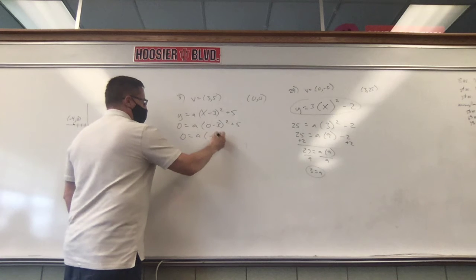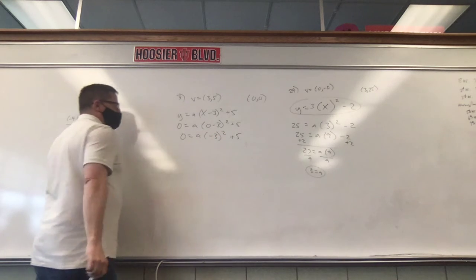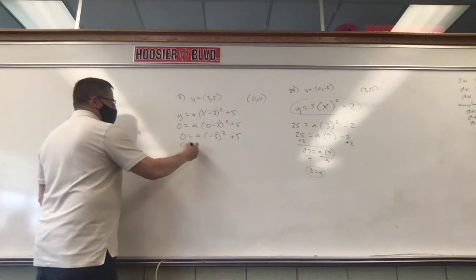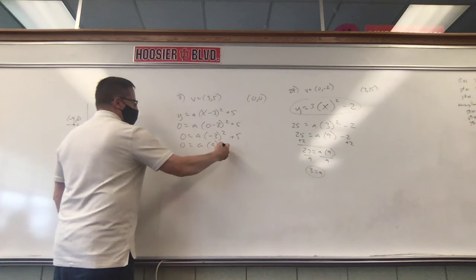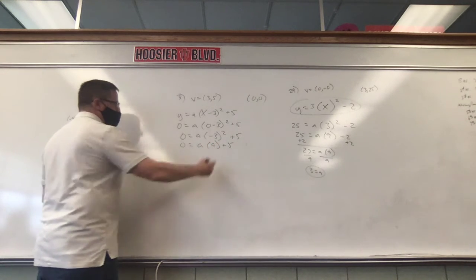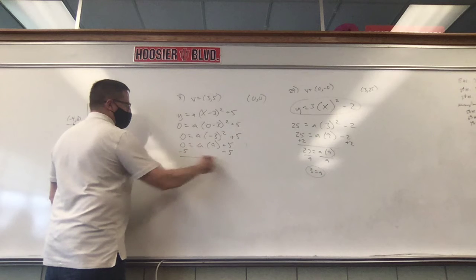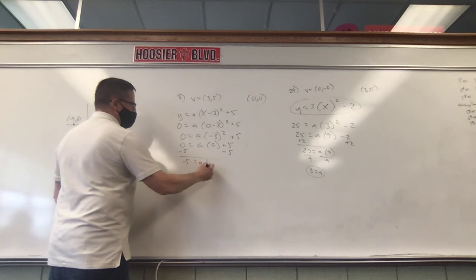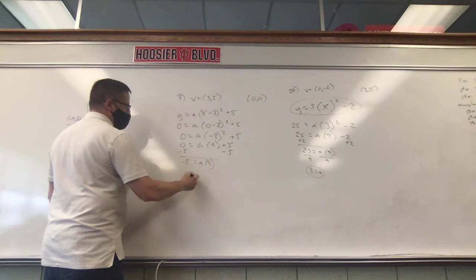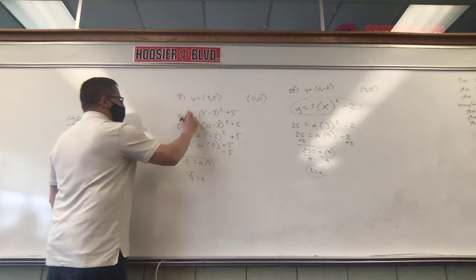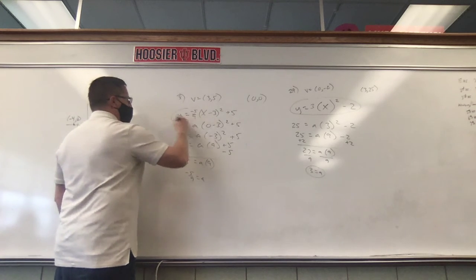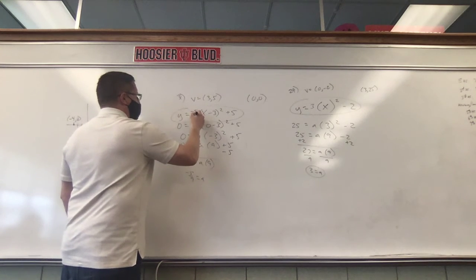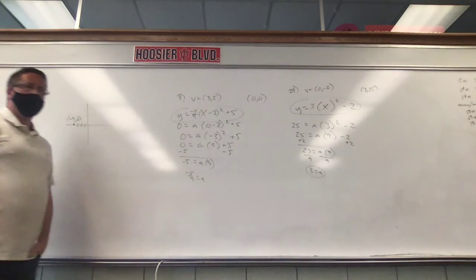A times (-3) squared plus 5. (-3) squared is positive 9. Subtract 5 from each side. 0 minus 5 is -5, equals a times 9. Divide by 9. A is -5/9. So your equation is y equals -5/9 times (x minus 3) squared plus 5.